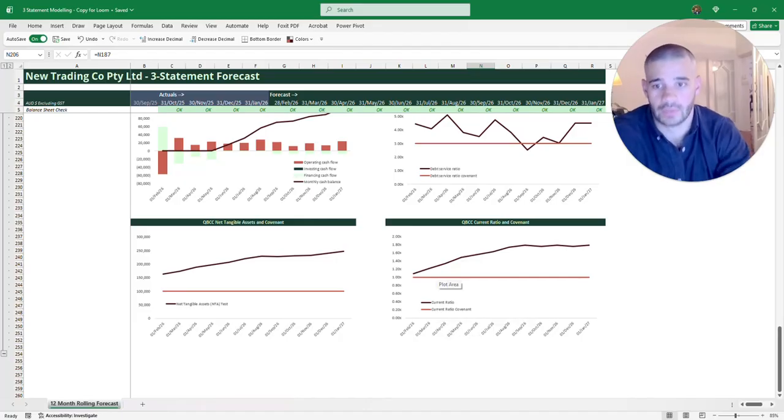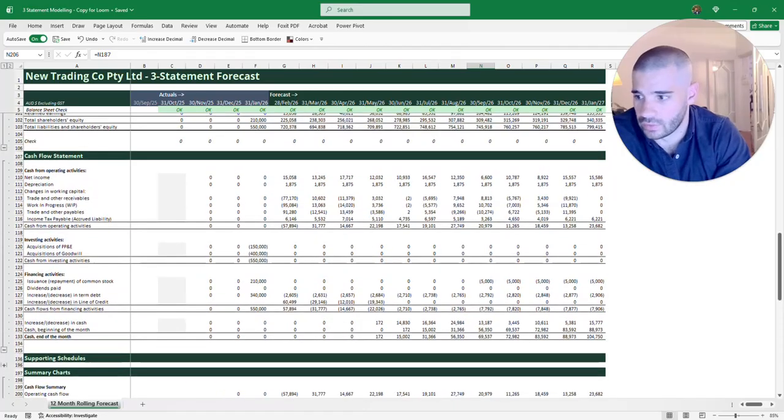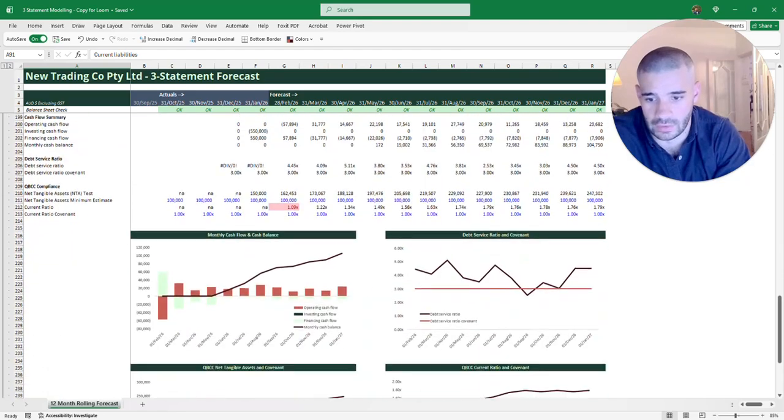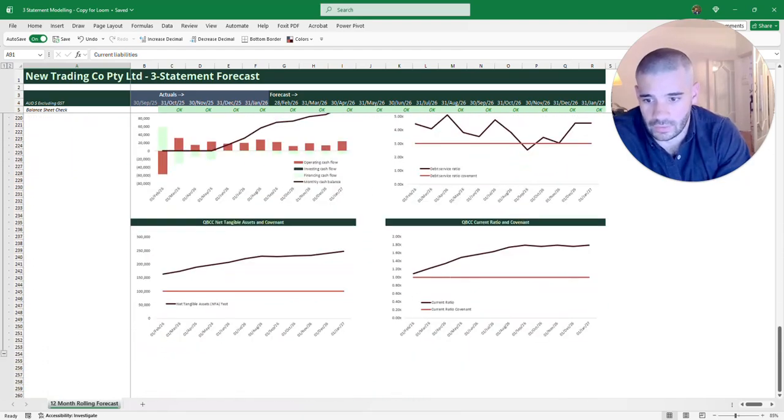A current ratio is your current assets versus your current liabilities. Basically, you've got to have enough cash and receivables to cover your short-term debts, otherwise your business is too illiquid and there's risk there. So it's got to be positive, and we can see here we should meet that. We're always above the line.